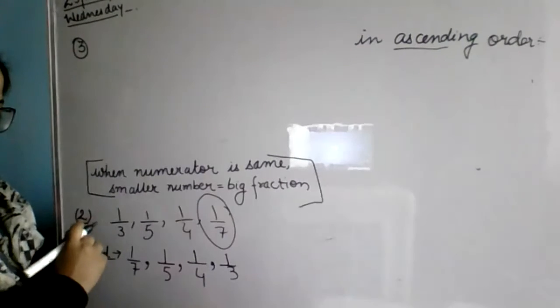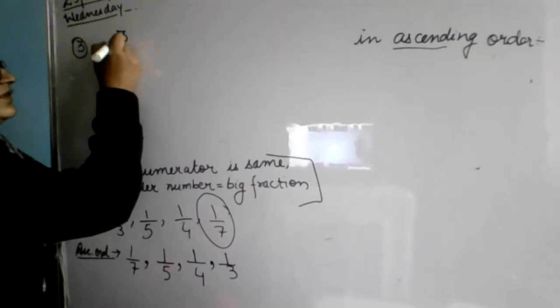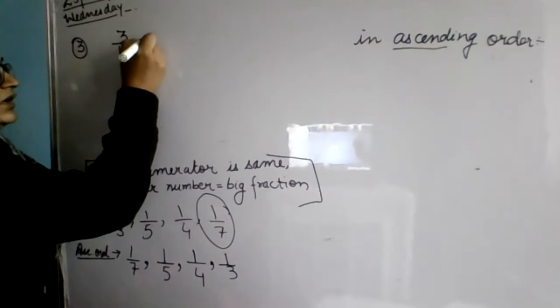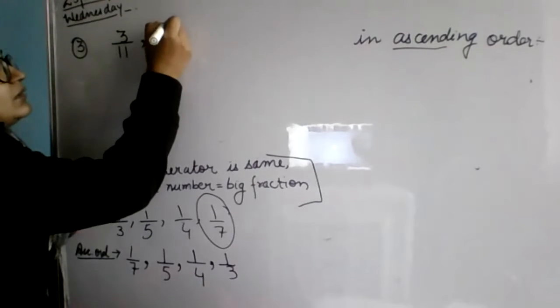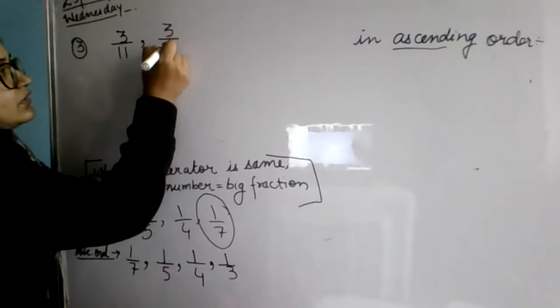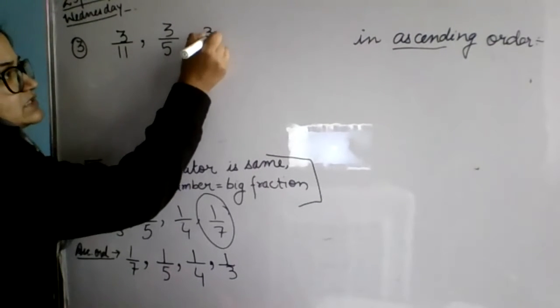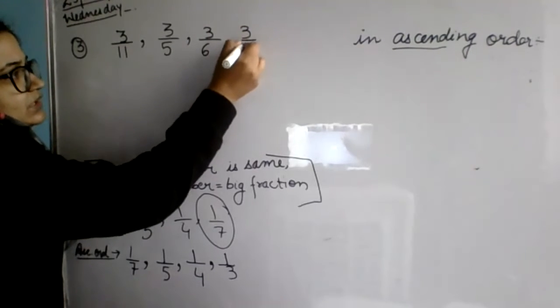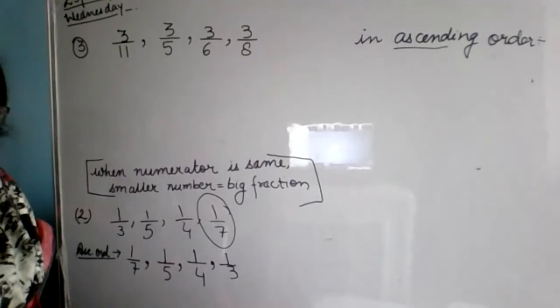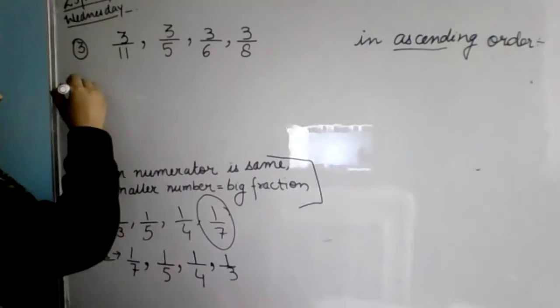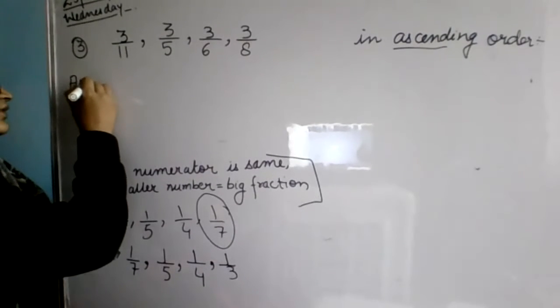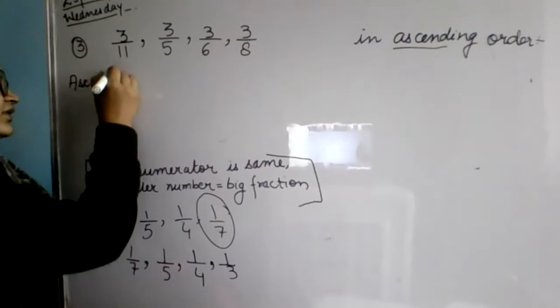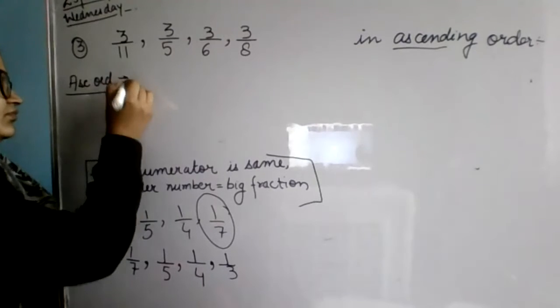Question 3 is 3/11, 3/5, 3/6, 3/8. This is question 3. Do it yourself. You can do it. And this is very easy.